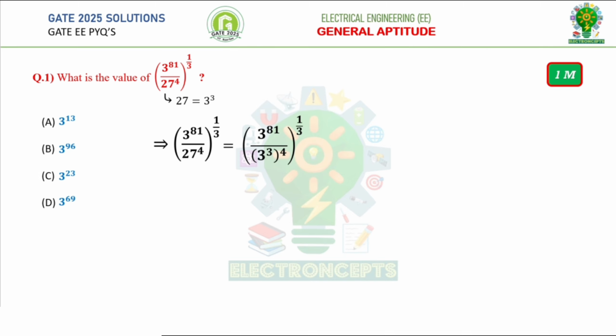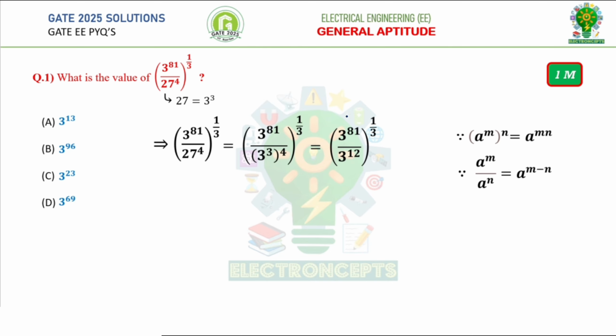Since we know that (a^m)^n is equal to a^(m·n), this equation can be written as (3^81 / 3^12) whole to the power of 1/3. Now we also know that a^m / a^n is equal to a^(m-n).